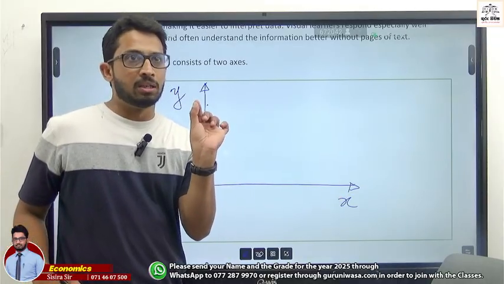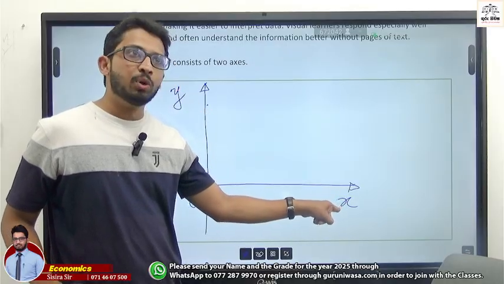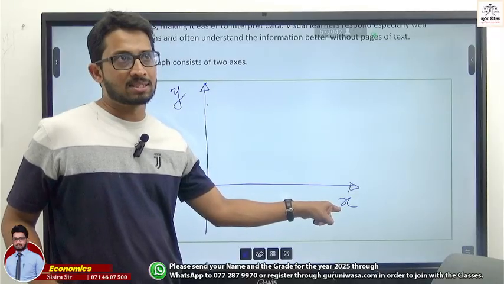Okay, Lamai. Remember, the independent variable should be put on the x-axis.